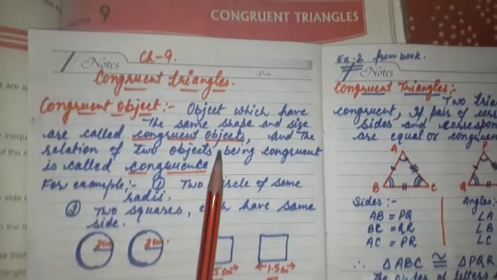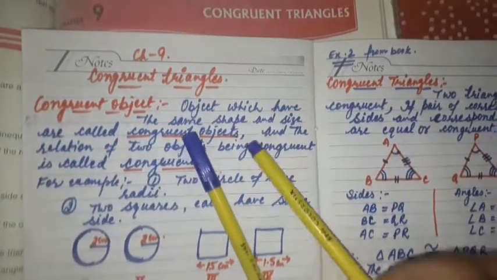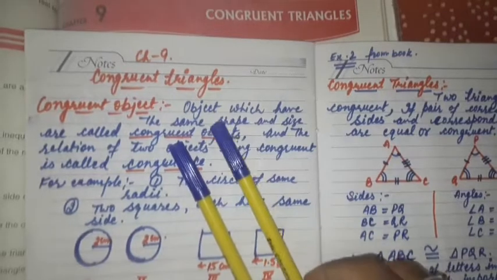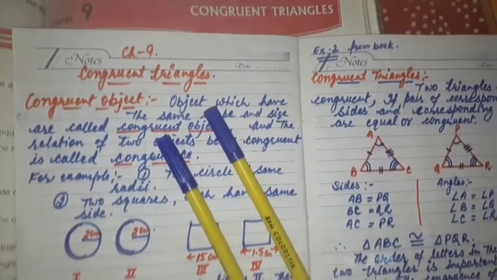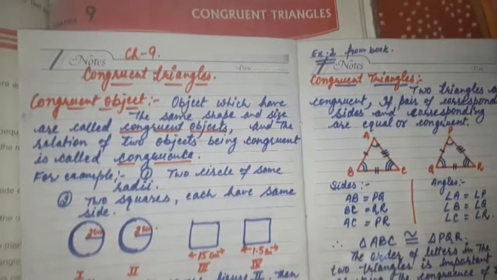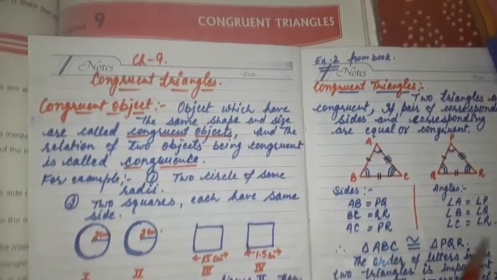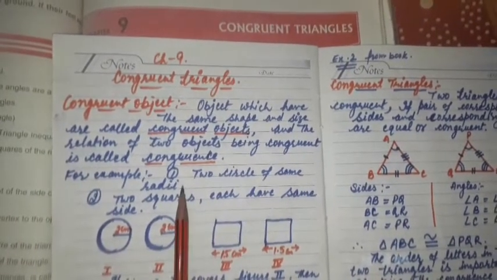For example, these are two sketch pens of the same company, color, and size, so we can say that these are congruent objects. In the same way, for example, two circles of the same radii.